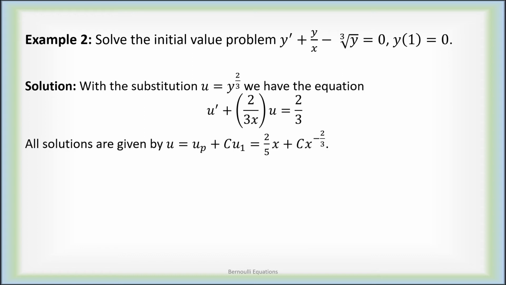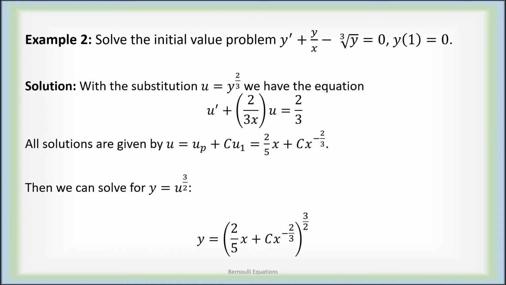The only thing that remains is to solve for y. Now if u is y to the 2/3, then if I raise both sides to the 3/2, I recover y, and I just get u to the 3/2. So if u is all of this, then y is all of that to the 3/2 power.